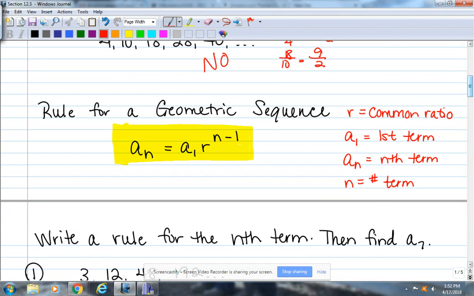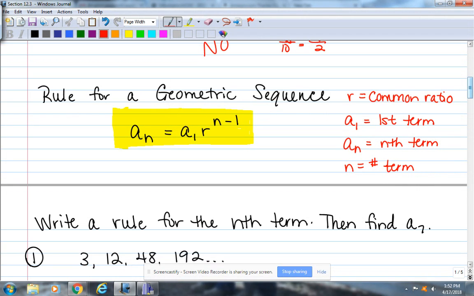All right, here's our rule. So yesterday we had a rule for arithmetic sequences. It was a sub n equals a sub 1 plus n minus 1 times d. Remember that from yesterday? That's arithmetic. Today we have one for geometric. So for a geometric sequence, it's a sub n equals a sub 1.